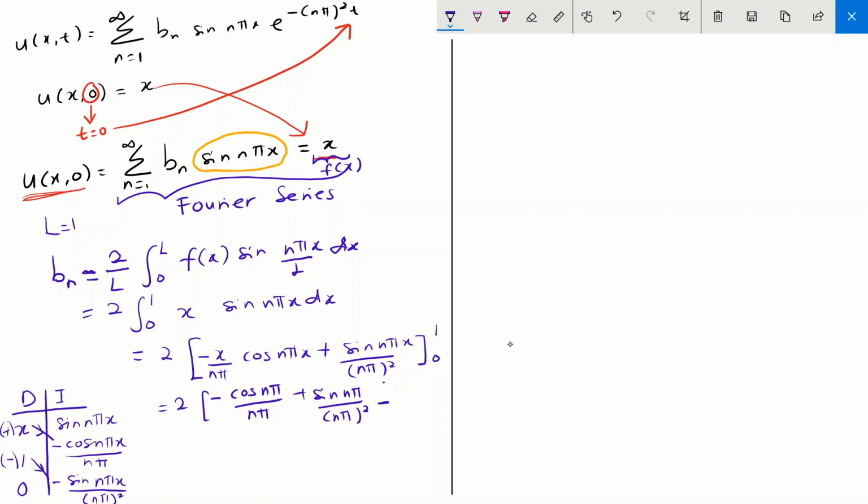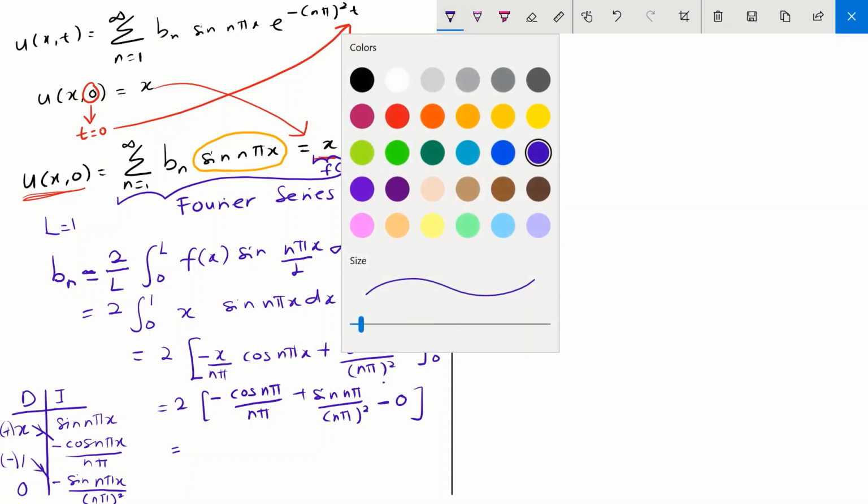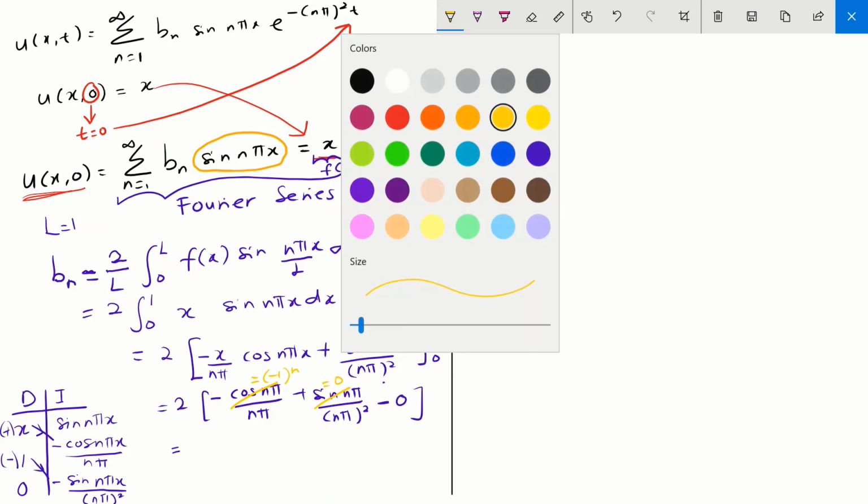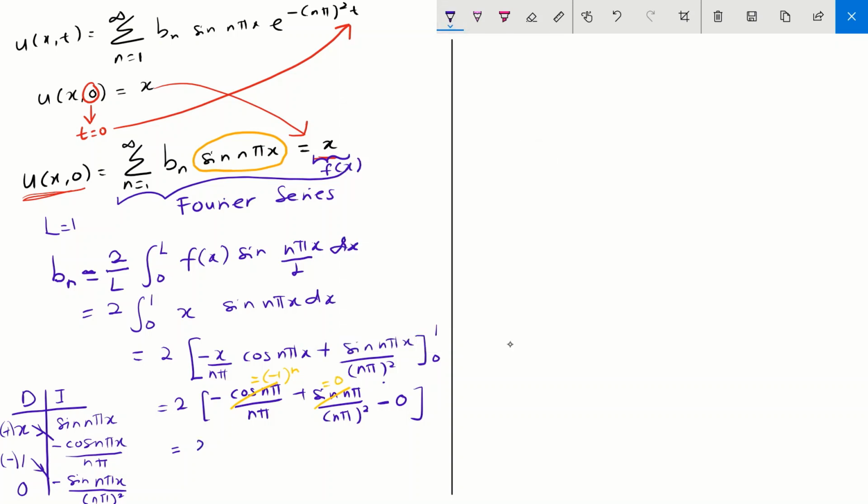When x is 0, the first term becomes 0, and the second term sine 0 is always 0. Then cos(n pi) is equal to (minus 1) to the power of n, and sine(n pi) equals 0. So our final answer is (negative 1) to the power of n plus 1, divided by n pi.